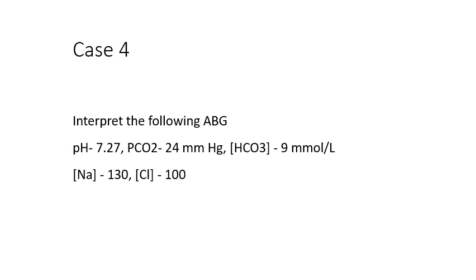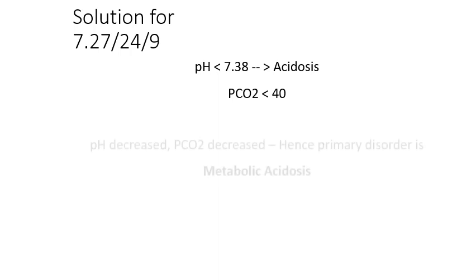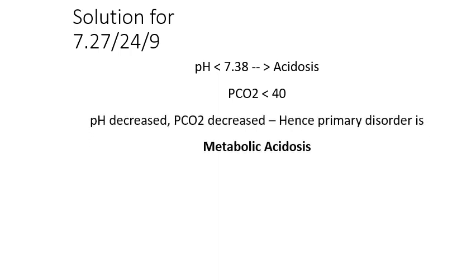So let's solve for this ABG. The pH is 7.27, which is less than 7.38, which tells us that there is acidosis. The PCO2 is 24, which is less than 40. So pH has decreased and PCO2 has decreased, hence the primary disorder is metabolic, and perhaps it is metabolic acidosis.